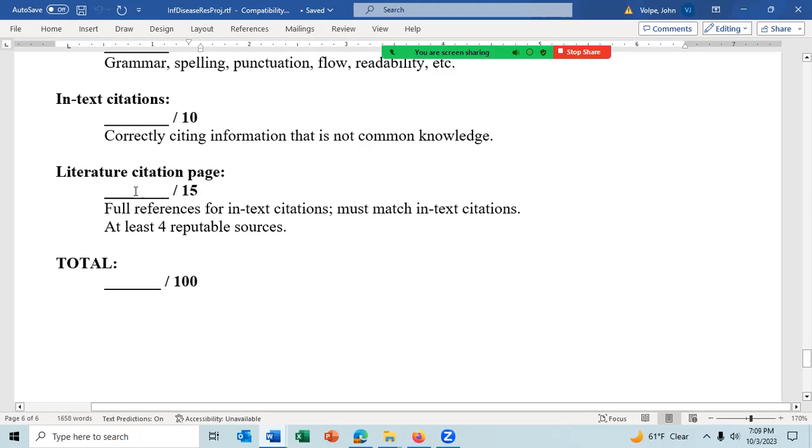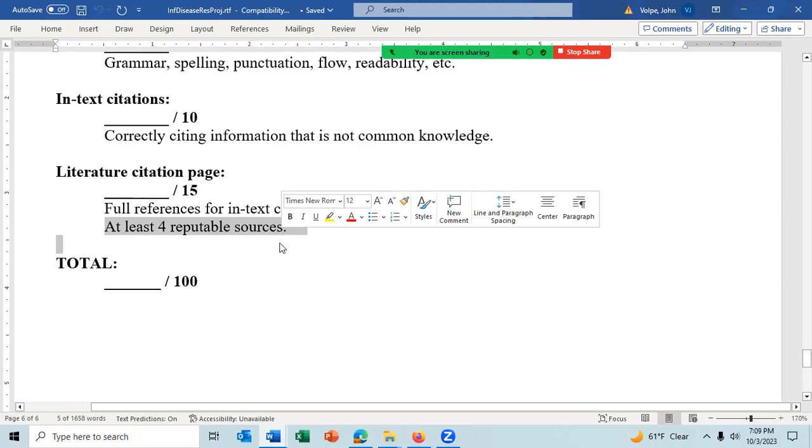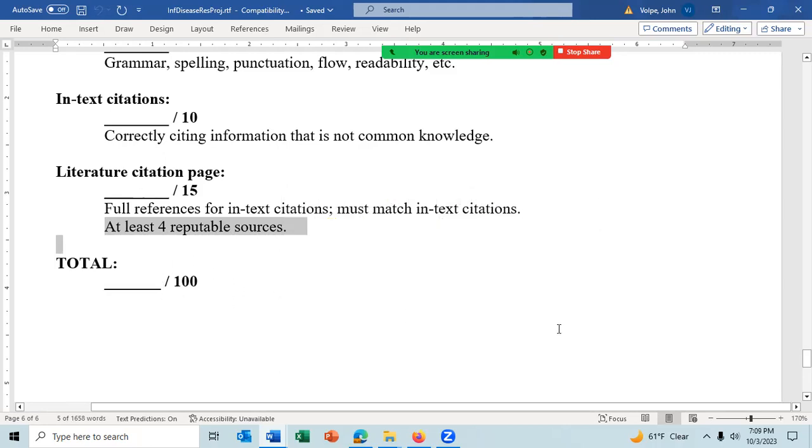It does not have to go the other way, meaning if you have something in the full references, there does not need to be an in-text citation for that full reference. There must be 4 reputable sources for the literature citation page. That's a total of 100 points.